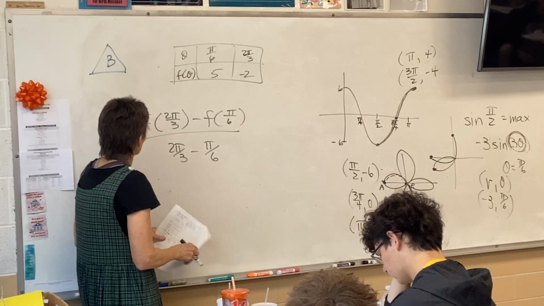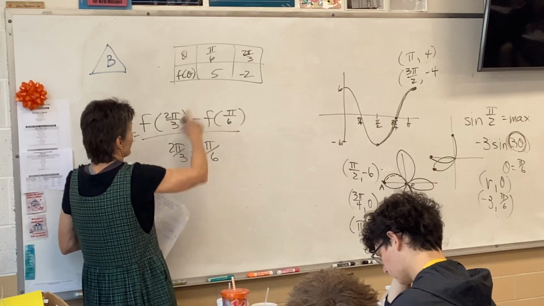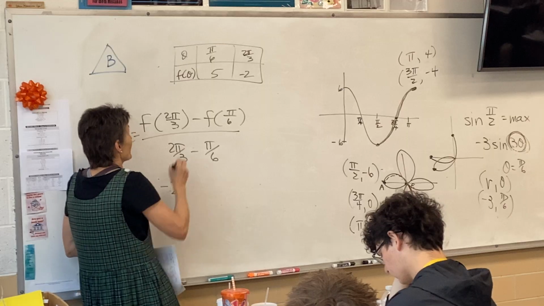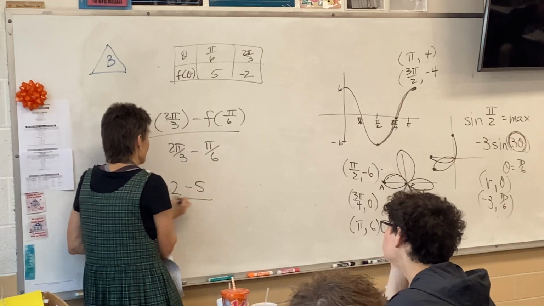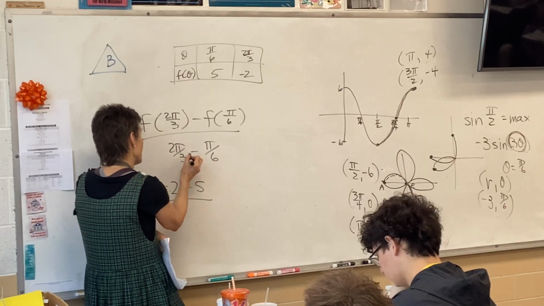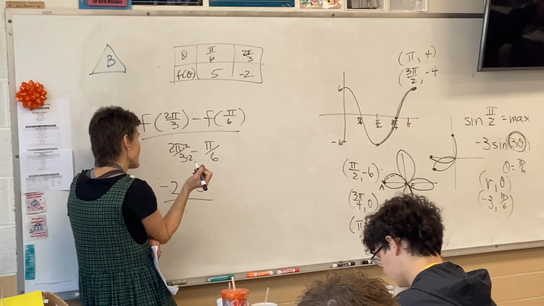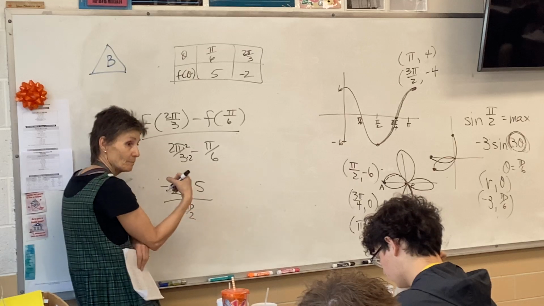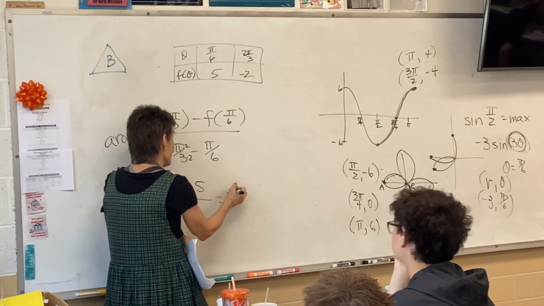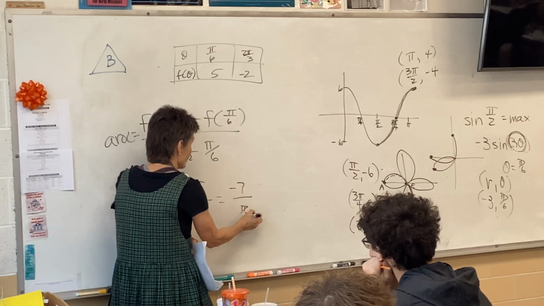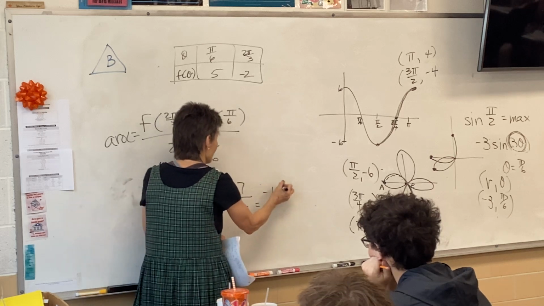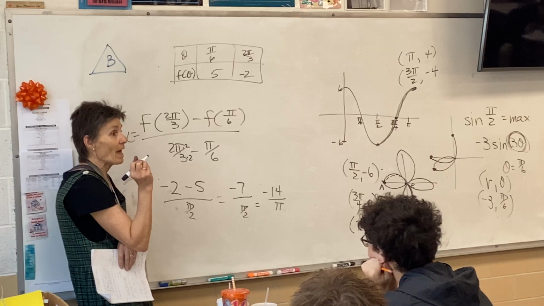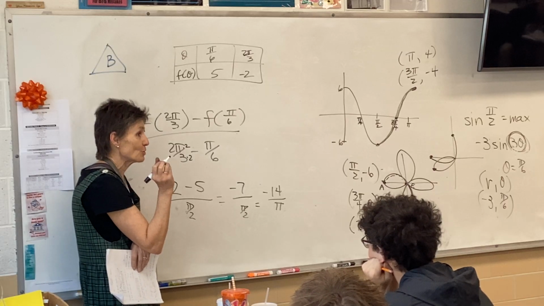You don't have to do any calculating, it's all right there. F of 2 pi over 3 is negative 2. F of pi over 6 is 5. And then getting a common denominator, that works out to be pi over 6. So I have negative 7 over pi over 2, which would be negative 14 over pi. Would you agree with that? Now, that is the average rate of change.